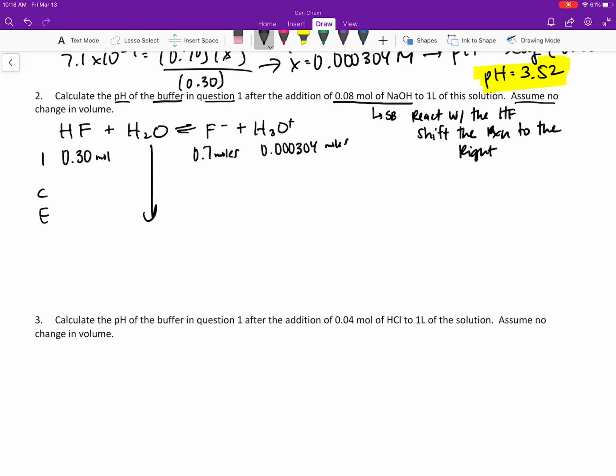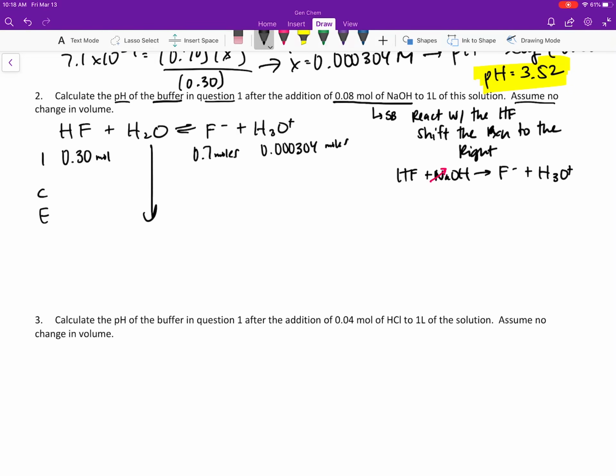If we add HF plus NaOH, it's going to make more fluoride and more hydronium. The sodium is out there, but it's a spectator, so we don't see it on the other side.